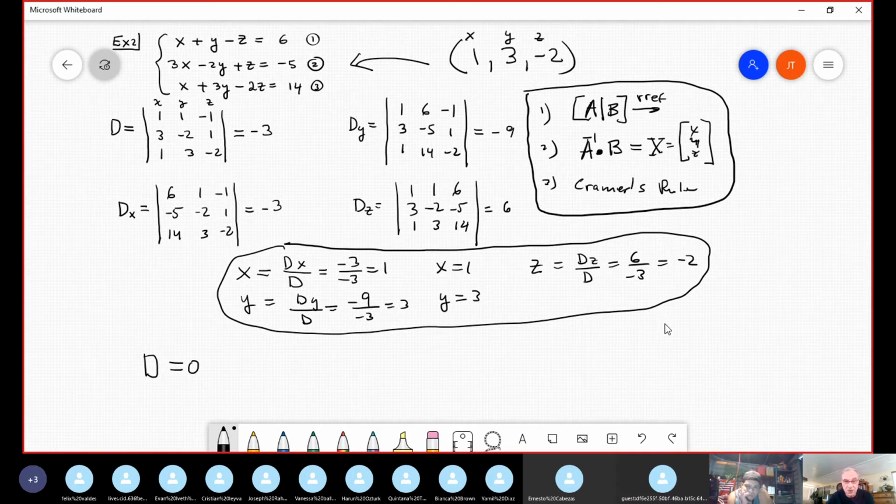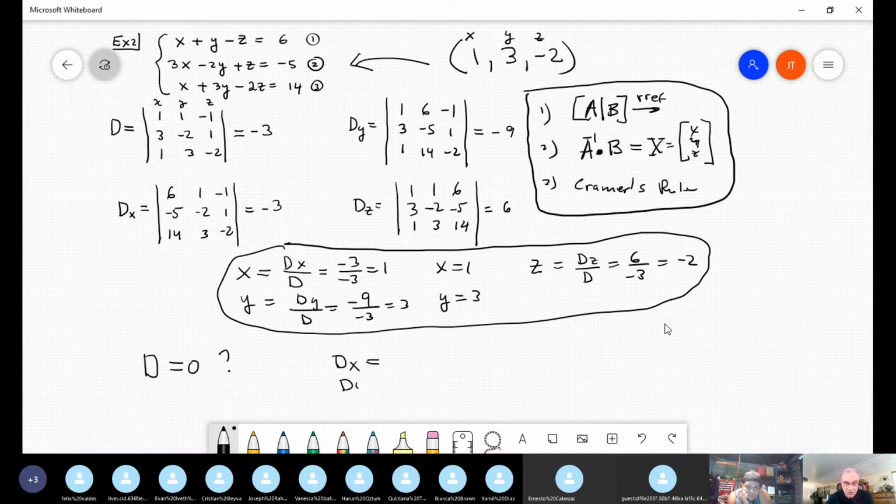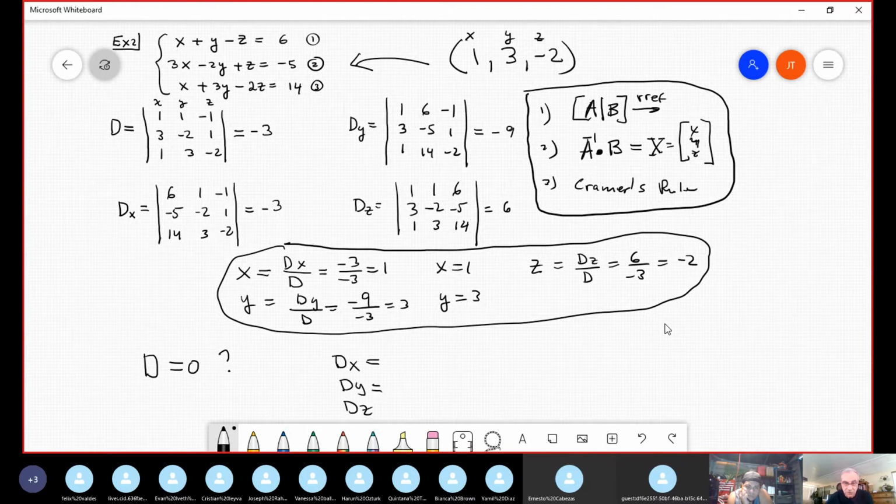And when you try to apply Kramer Rule, you cannot divide by 0. So what does this mean? And suppose also dx, dy, and dz are not 0. Suppose hypothetically. Interpretation of this. Suppose another case in which d is 0 and dx, dy, and dz are 0.